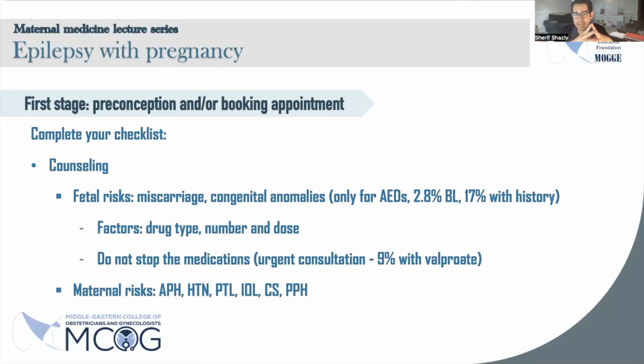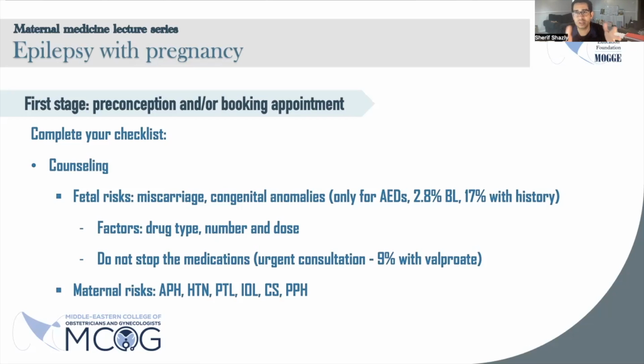Maternal risk factors, and most of them you really don't do much for. It's just to be aware, just to prepare your patient without getting her really anxious, that she's at increased risk of antepartum hemorrhage. Basically, two things: the risk of bleeding during pregnancy or after delivery, which is antepartum hemorrhage and postpartum hemorrhage, and the risk of hypertension, the risk of preterm labor, the risk of having to have an induction of labor or a C-section for some reason.